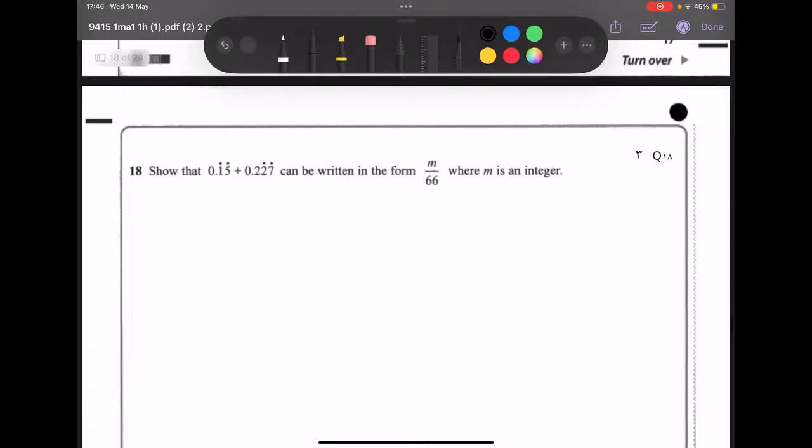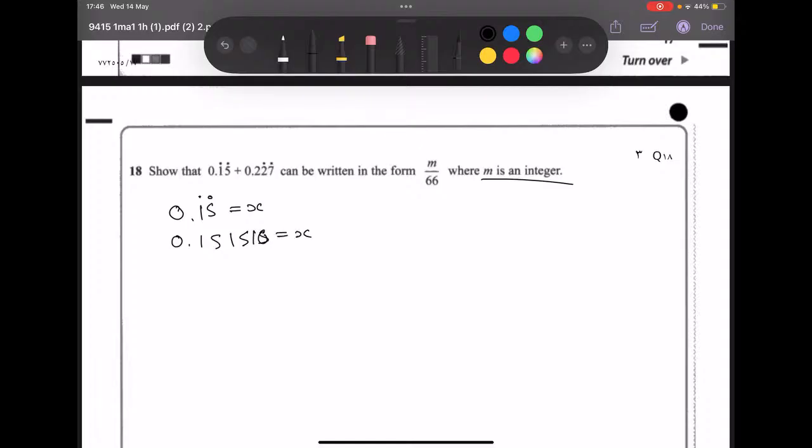Number 18, show that 0.15 recurring, with 1 and 5 both recurring, plus 0.227 recurring can be written in the form m over 66, where m is an integer we need to find. To do the question, we say 0.151515 equals x.